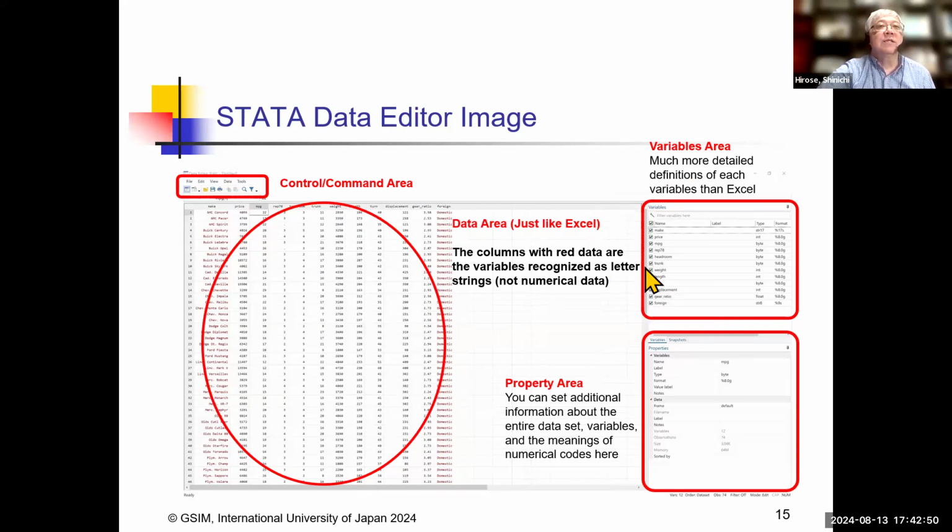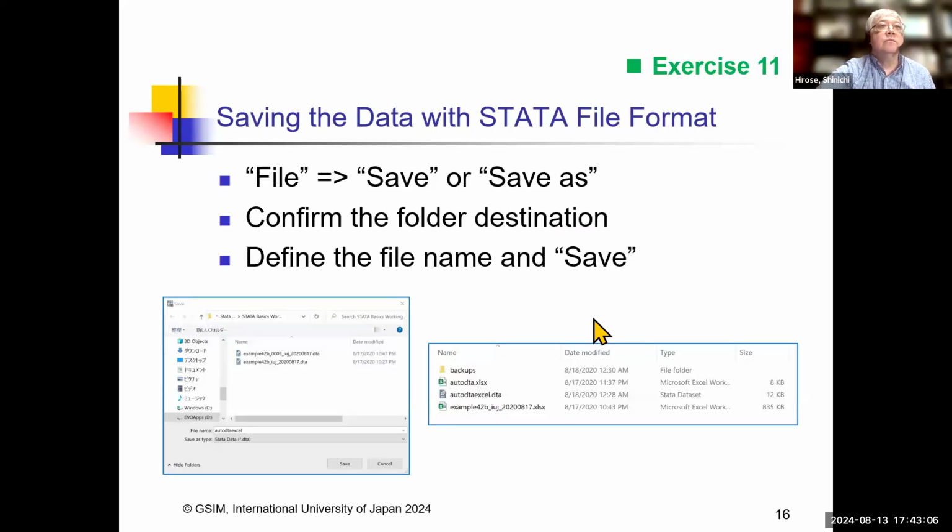The variables are separately listed here, and for each variable name, you can check the properties of the variable. By choosing File and Save after importing data, you can save the data in .dta format, which is a Stata data file.